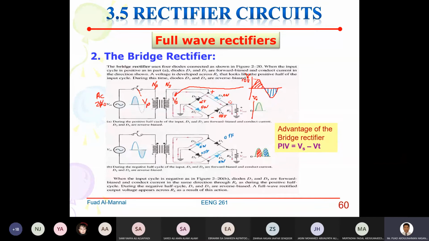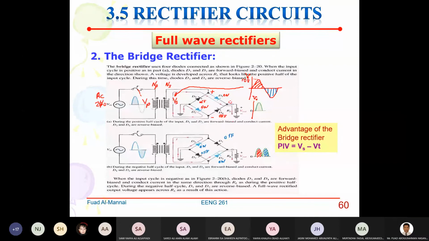Okay, through the resistor, and it will put positive at the top, negative at the bottom, and then it will exit from here, and then back to complete the circuit. Okay, so all the positive half cycle will appear across the output, across the resistor. There you go. Okay, this is the V out.